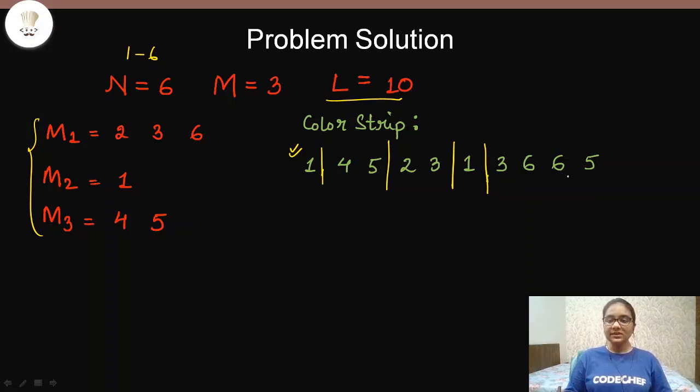That's why all these three will not be distinguishable and they will come under the same segment. So we will divide this segment after 6, where we have 5. So 5 is present in some other list. That is why we have divided this segment.